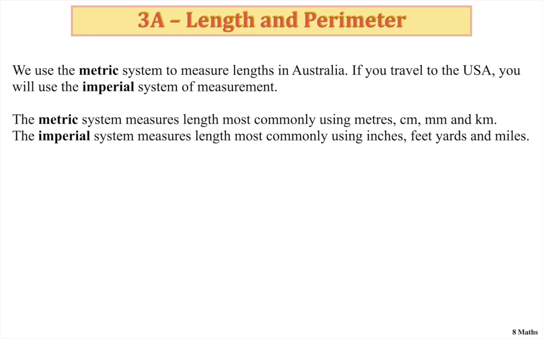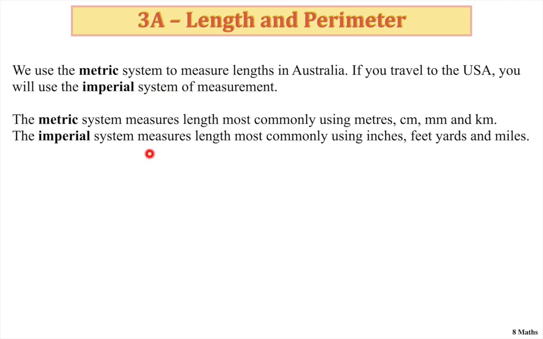Now, hopefully you understand what length and perimeter are, but before we talk about that, I just want to talk about a thing called the metric number system or the metric system. We use the metric system in Australia, and the metric system involves things like using meters and centimeters and millimeters and kilometers to measure our lengths. I don't know if any of you have ever traveled to America, but if you go to the United States, they use the imperial system of measurement.